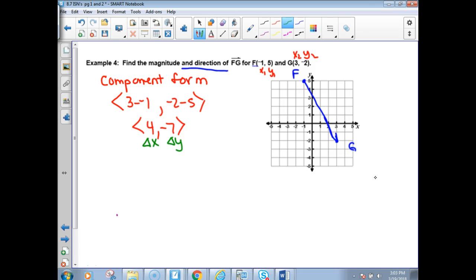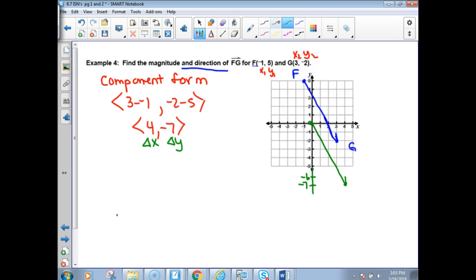And now I'm going to plot that. I'm going to show you where 4, negative 7 would be. I know you can't really plot it on here because of negative 7, I'm just extending that, guys. So from 0, 0, the vector would slide to here. And that is just the vector moved to the origin, repositioned to the origin.